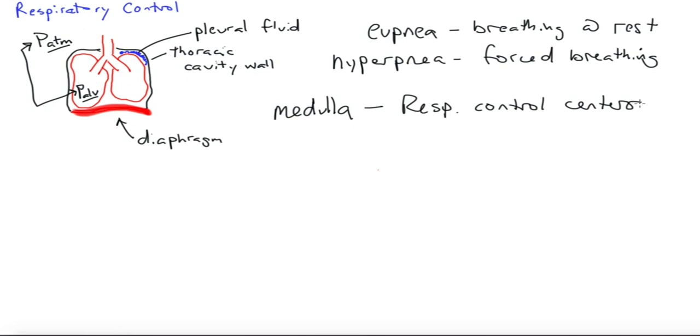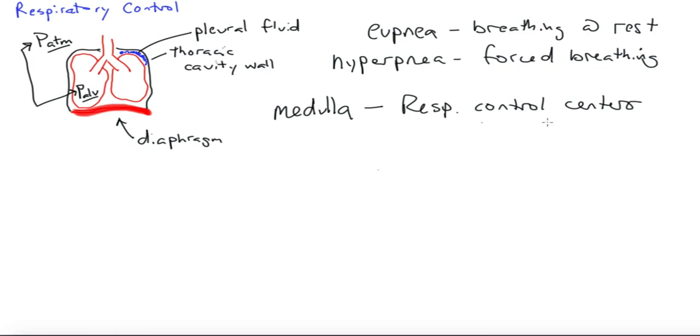Now, you will notice in your readings that there are respiratory control centers also found in the pons. When I'm referring to the ones in the medulla, I'm talking about the pacemaker control centers. These are the centers that contain the neurons that innervate the muscles that I was just talking about. So there are these regions in the medulla that have neurons that exit and innervate the muscles like the diaphragm, right?